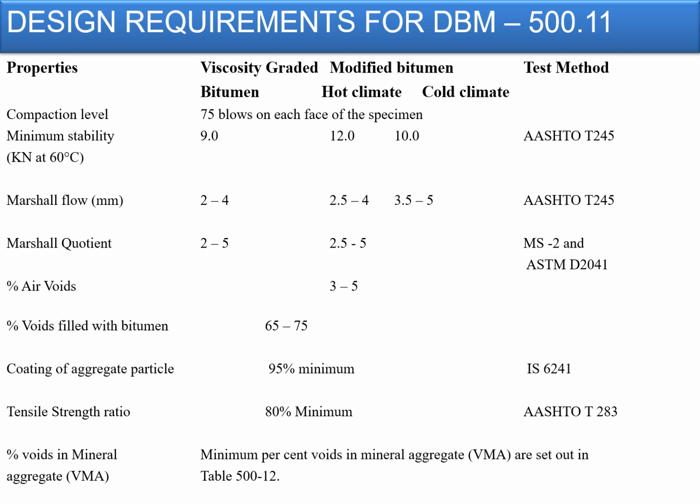Coating of aggregate particles, when tested as per IS 6241, is required to be minimum 95%. The tensile strength ratio, tested as per ASTM D4867, requires a minimum of 80%, and the percentage voids in mineral aggregates, that is VMA, minimum percent voids in mineral aggregates are set out in table 500.12, which will be discussed in detail in the subsequent slides.